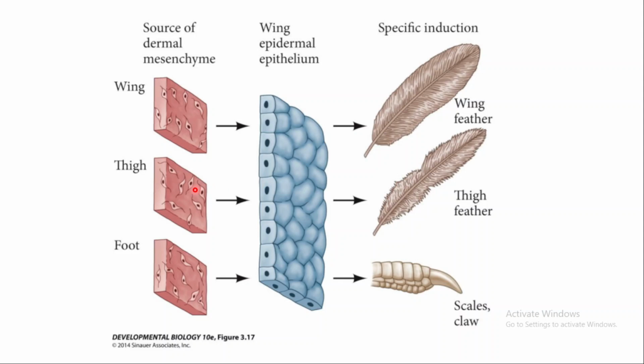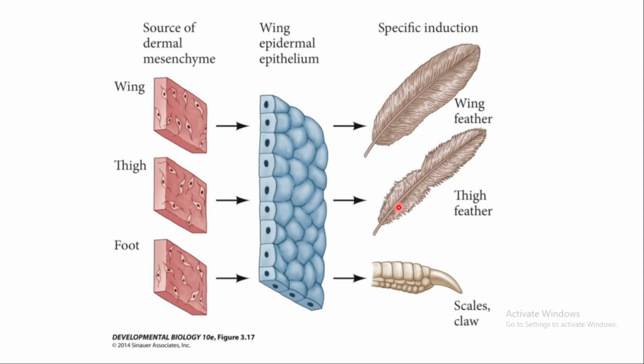That's the signal that species A mesenchyme is going to give. But what the species B epidermal epithelium is going to do is receive the signal but then produce a species B kind of thigh feather, because species specificity is not encoded in the signal. The signal is just an induction signal to form a thigh feather.